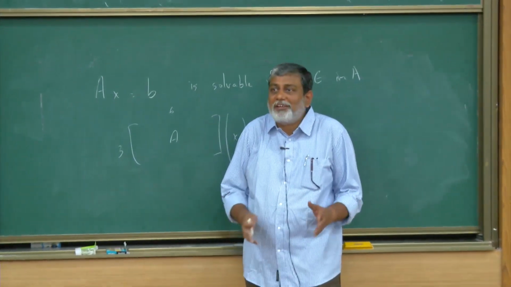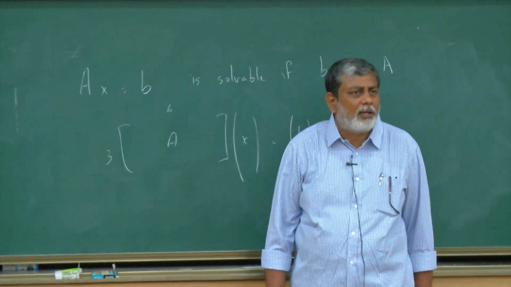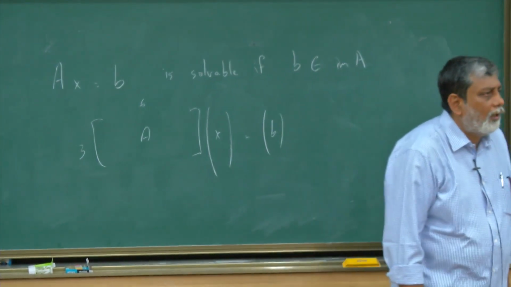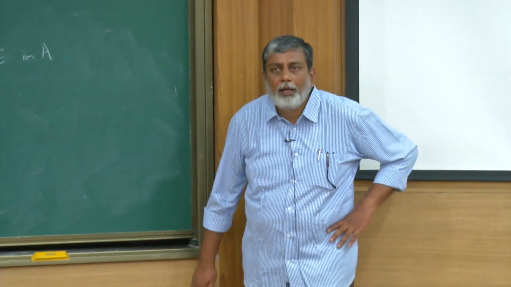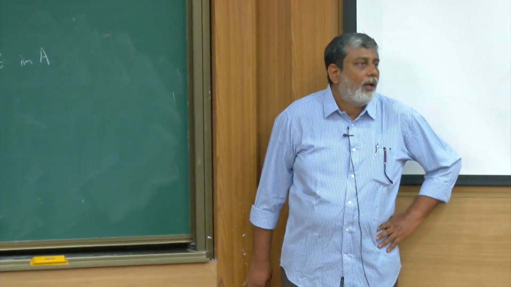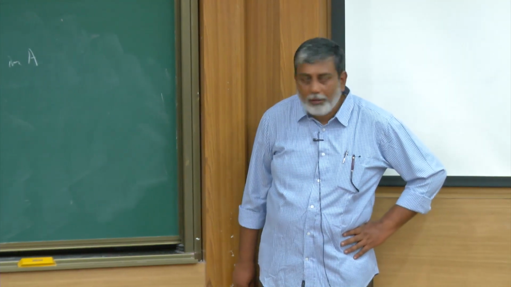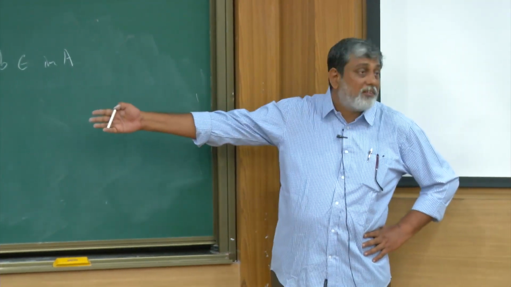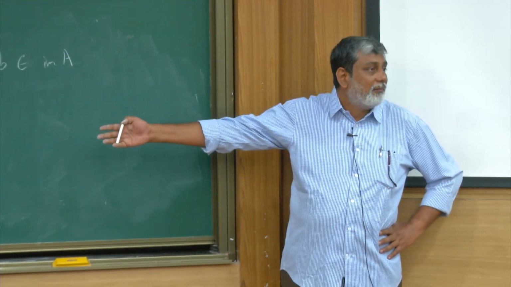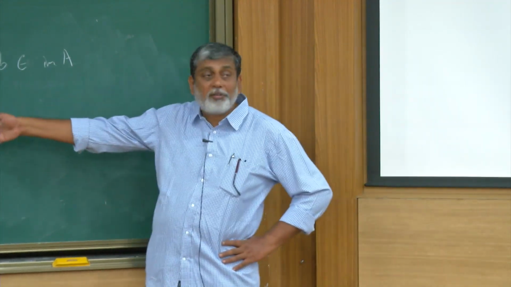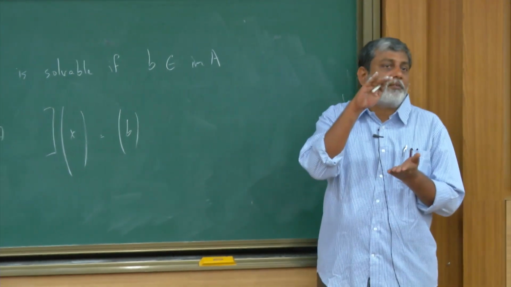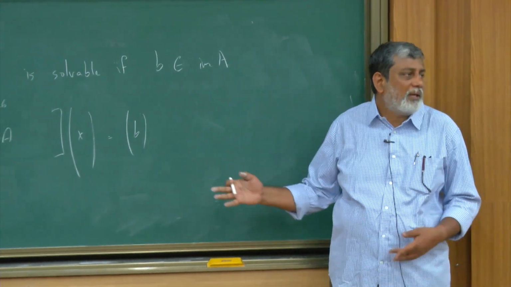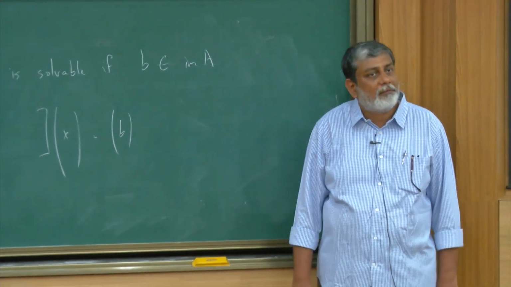So now the question is, how do you check that B is in the image of A? Suppose you just wanted to check that. How will you do that? The columns need not be linearly independent. In this case, certainly they are not going to be. There are 6 column vectors, and each is of size 3, so there's no way they are going to be linearly independent.